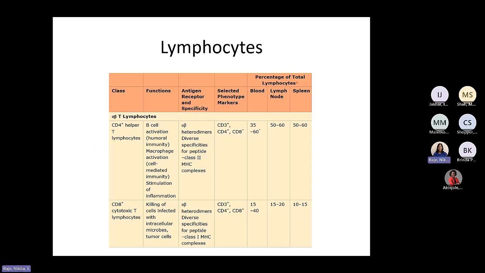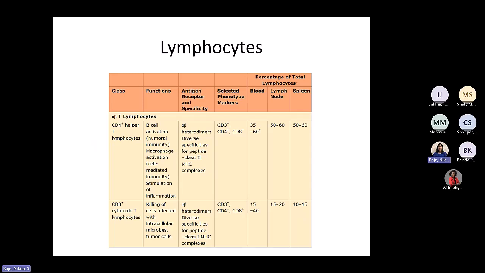All right, so looking at the various subtypes, the important ones are the alpha beta T lymphocytes. These could be CD4 positive or CD8 positive. CD4 positive help in action of macrophages or B cells. And of course, their markers are CD3 and CD4, right?